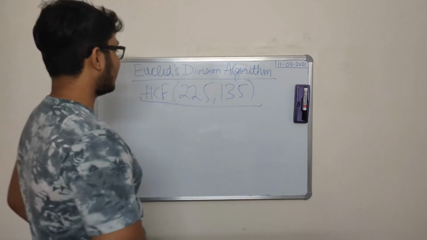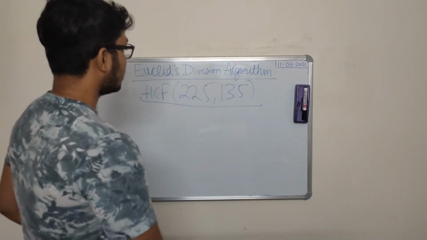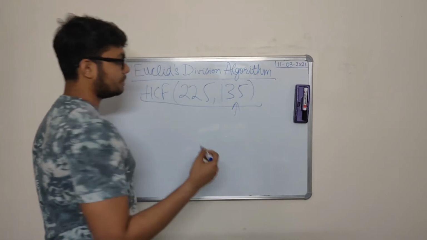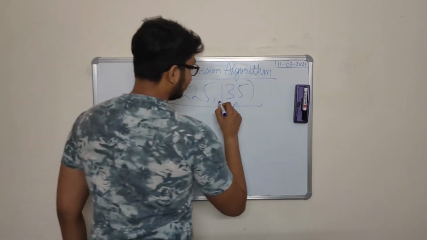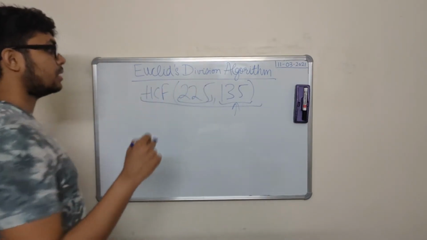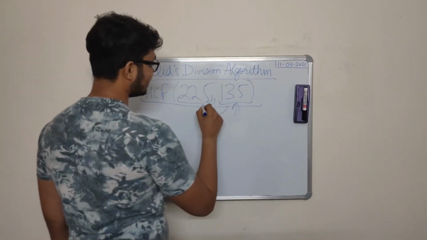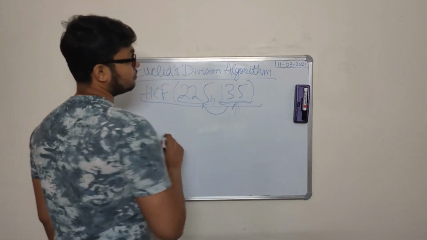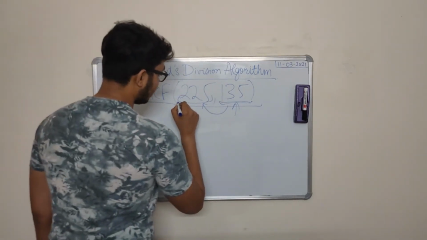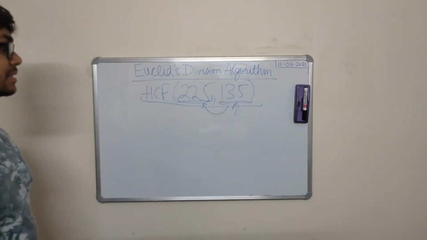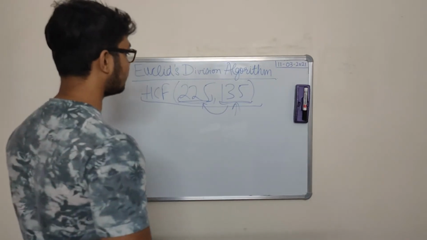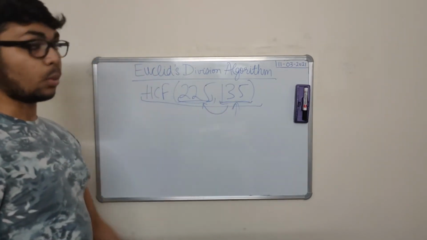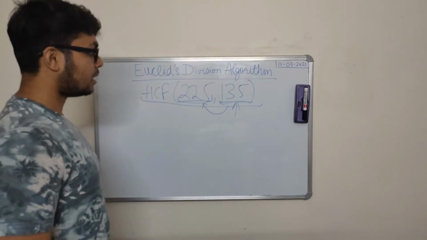The algorithm first of all says, like 135 here being the smaller number, try to divide the other number by it and see if it completely divides 225, which will mean that 135 would be a factor of 225, and in this case it would be the highest common factor, as it couldn't be anything bigger than 135, because any number bigger than 135 would obviously not be a common factor for 135.